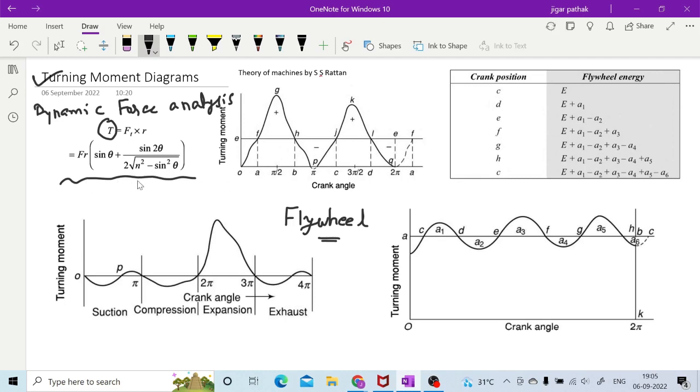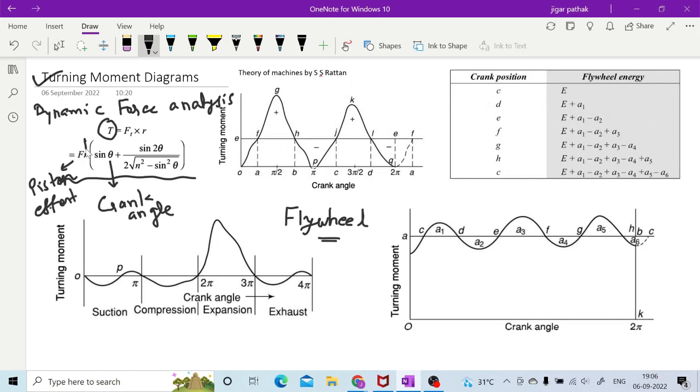That is why I have put this equation, that turning moment is this Ft into R, where if you further elaborate, it will be F into R in brackets sin theta plus sin 2 theta upon 2 under root n square minus sin square theta. Now what is this theta? This theta is crank angle, right? And this F is piston effort, right?